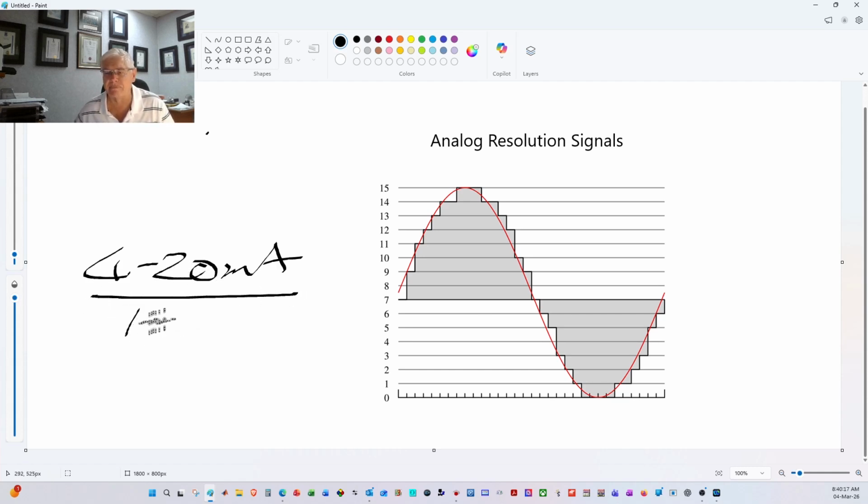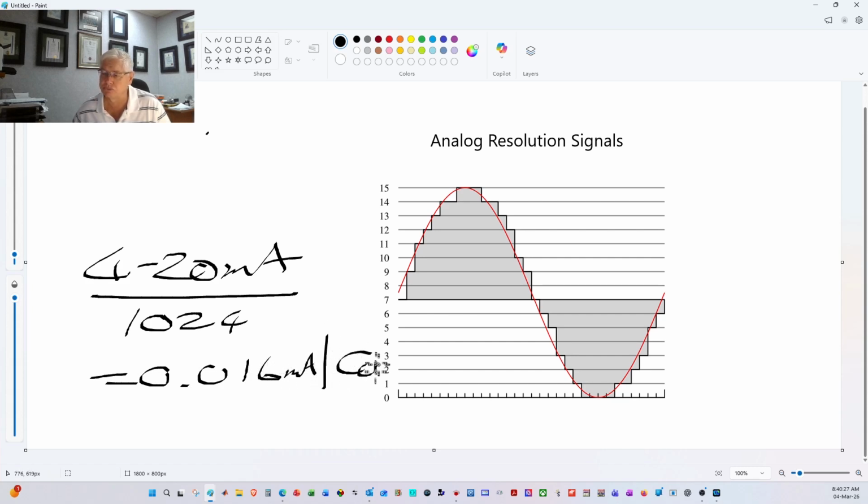If I was to divide that by 1024, I'm going to pick up 0.016 of a milliamp per count. And if I was to have a higher resolution, I'm going to get a smaller variation in milliamps per count itself. So this is very important for you and I.